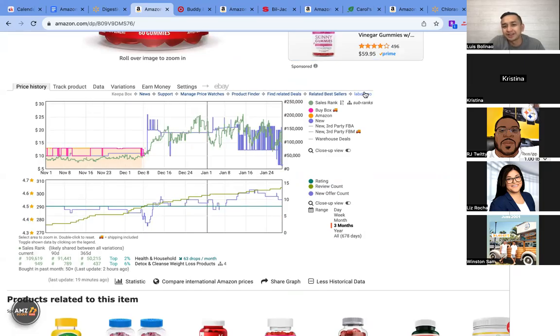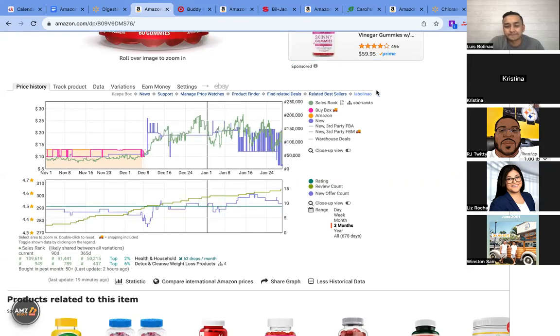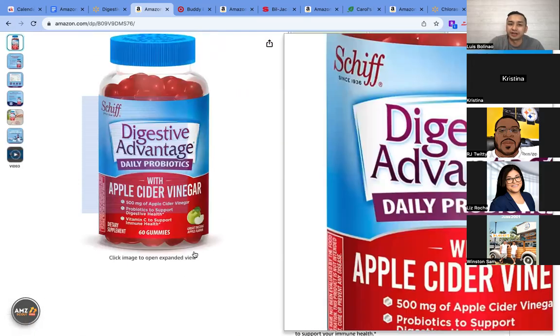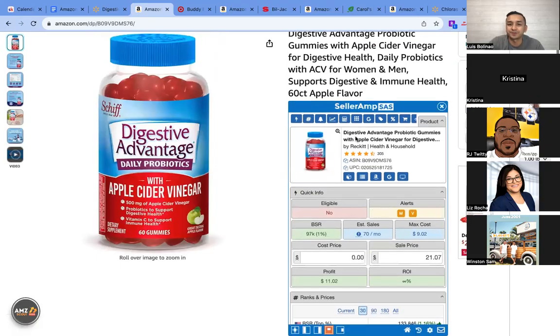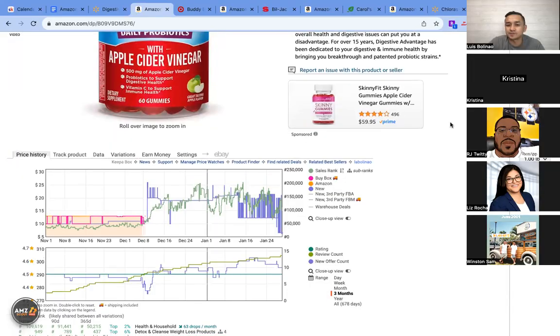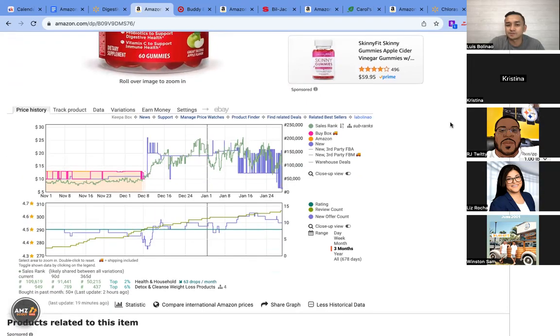Mine shows up on my regular Amazon account, not my seller account, like I'm a consumer or a purchaser. Yeah, it's right here on your product page, the one with the chart right there.